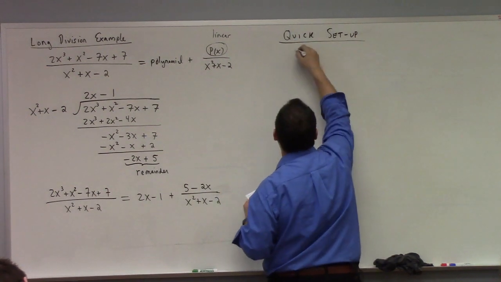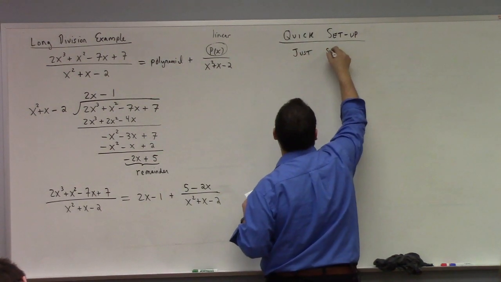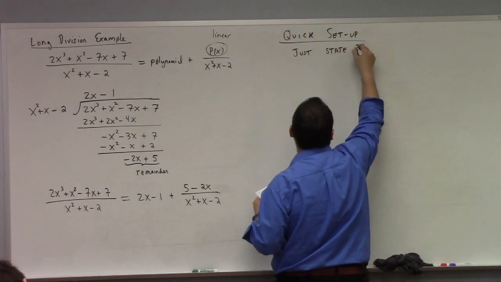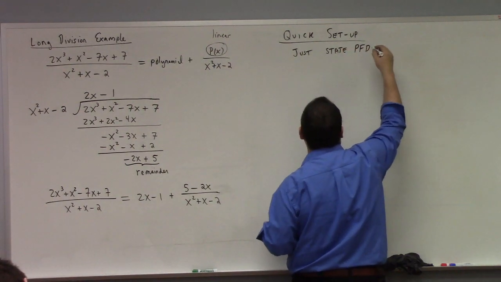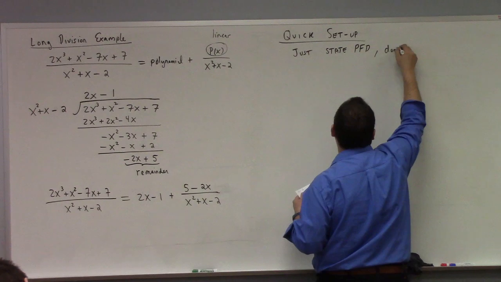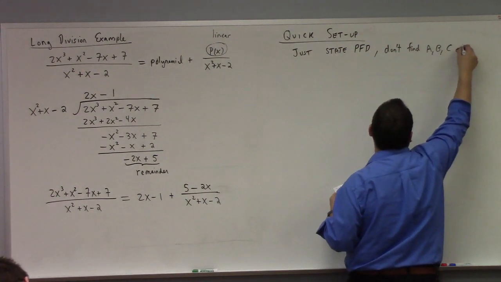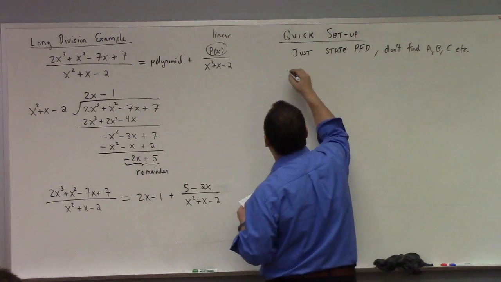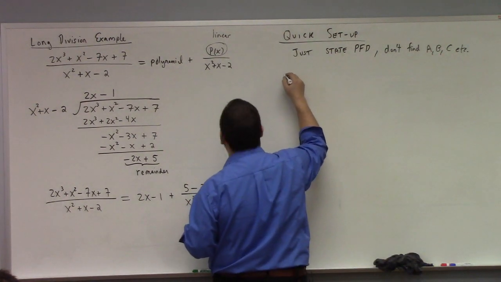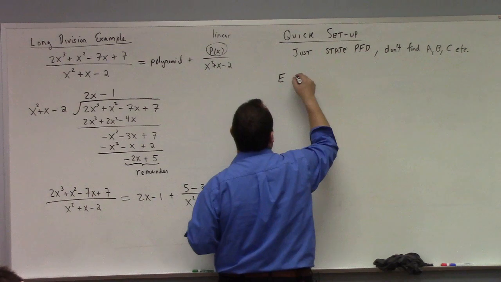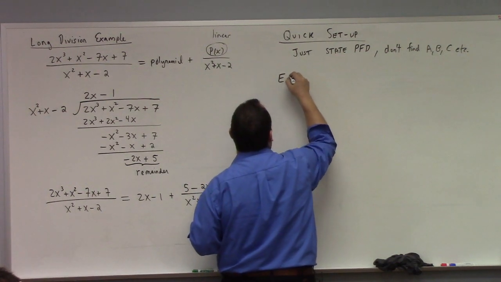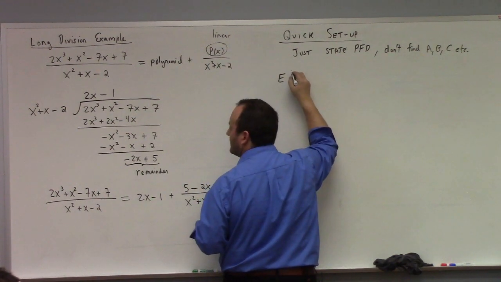So just state the partial fractions decomposition. Don't find A, B, C, etc. All right. So let's see here. What example am I on?